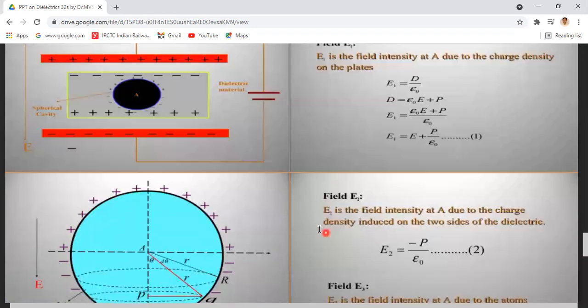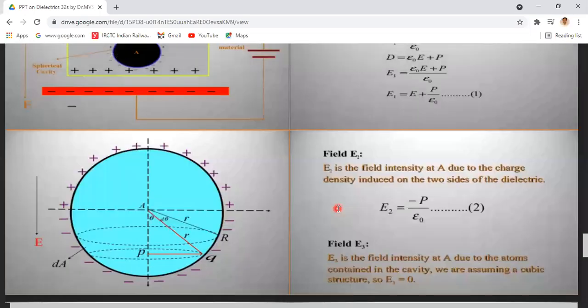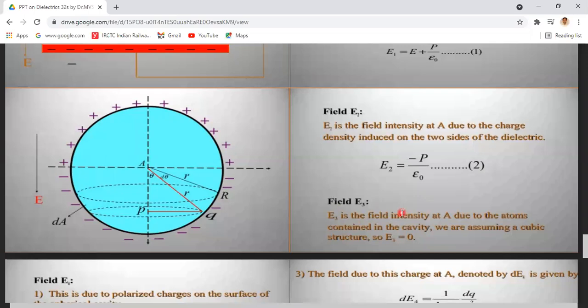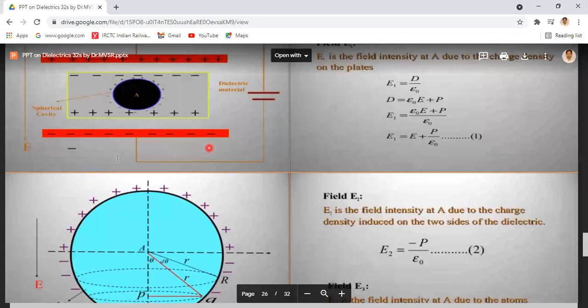E2 bar is the intensity of electric field due to the dielectric material, because an electric field is also generated on the dielectric material, which is opposite in direction to the applied field of the capacitor. That is the E2 contribution. And E3 is the intensity of electric field due to atoms contained in the cavity. We are assuming a cubic structure, so E3 is equal to 0 inside the spherical cavity.